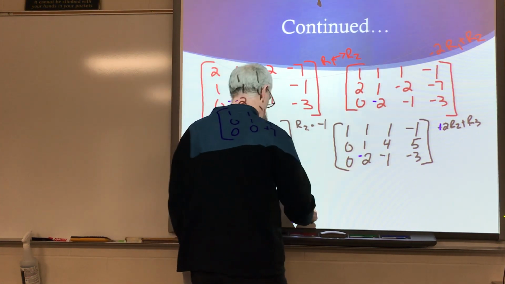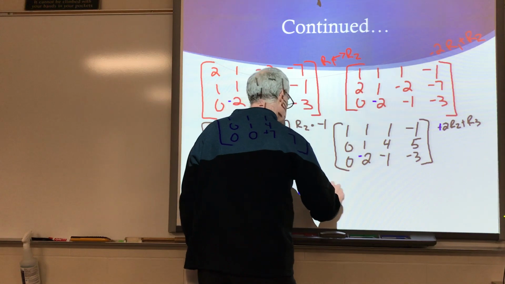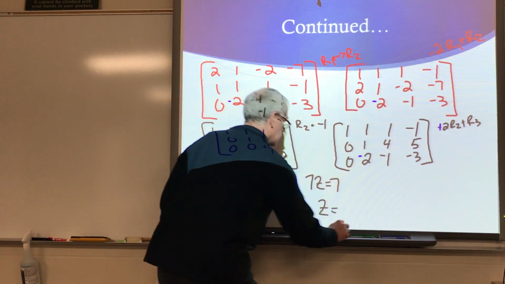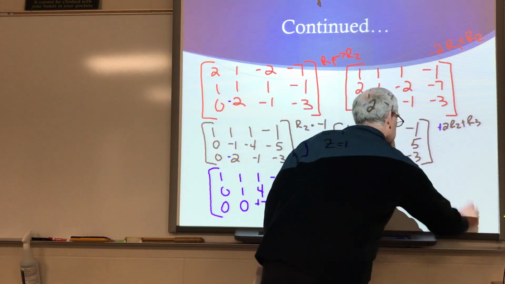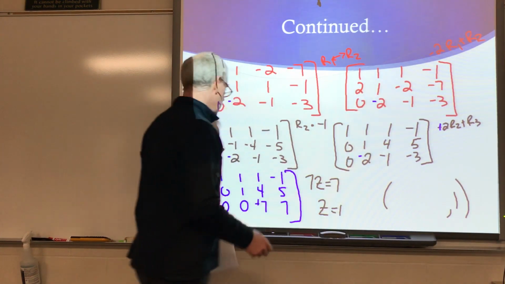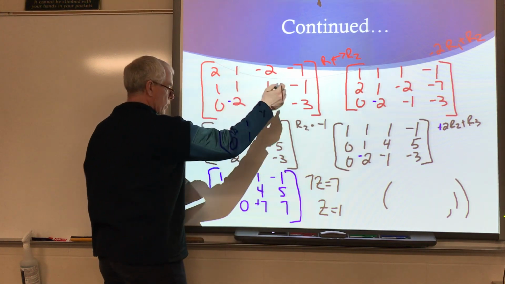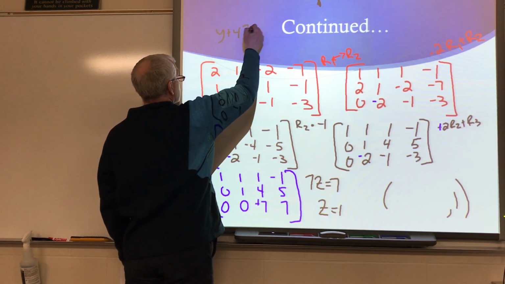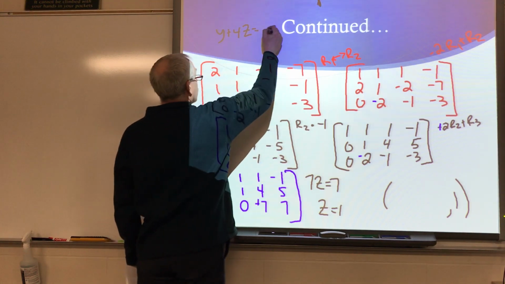Okay, let's do this in black here. So 7z equals 7. So z is 1. Okay, and then this equation here, if I go up here, this is going to be y plus 4z equals 5.